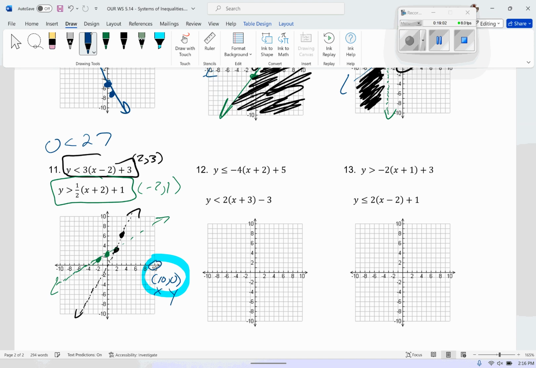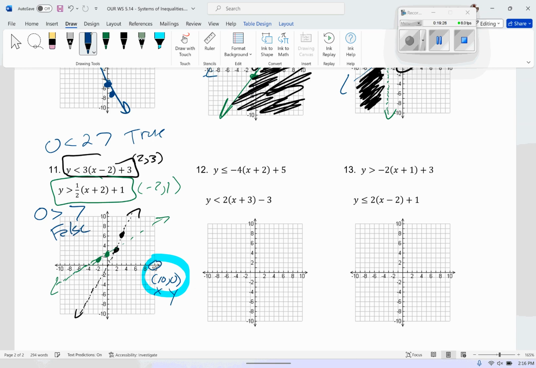Let's take the 10, 0, go to the other one. Plug 0 in for the Y. All right, ready? 10 plus 2. Half of 12, 6. 6 plus 1 is 7. Is 0 bigger than 7? So this is true up here. This is false here.